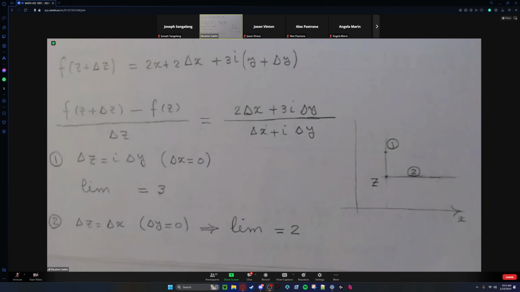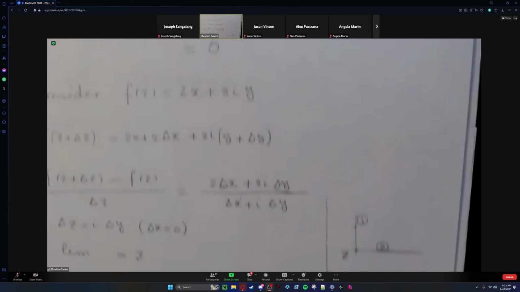Okay? The function is continuous, but doesn't have a derivative at all. Any comment? Any question? All right. Okay.